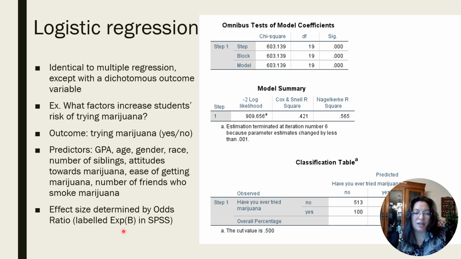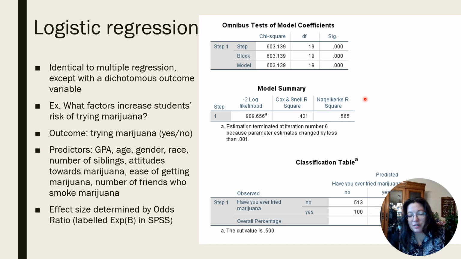And here I've put in a note just to let you know that the effect size for logistic regression is determined by the odds ratio, which within SPSS is labeled as exponent B, in addition to what we have here within our model summary, which is called Nagelkerke R-square. So this does the same thing as the adjusted R-square. This is telling us what percentage of the variance in our outcome variable is explained by our predictors.